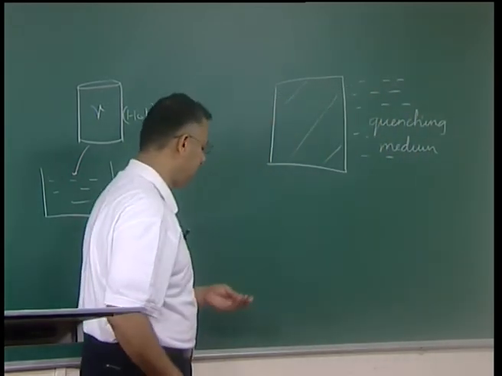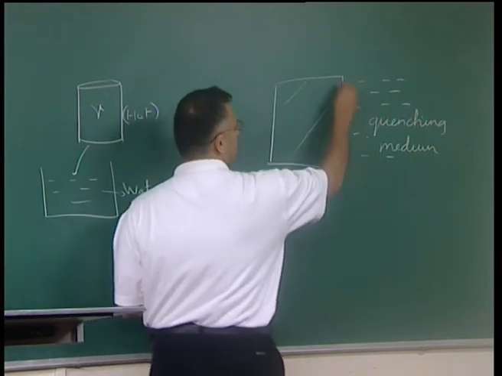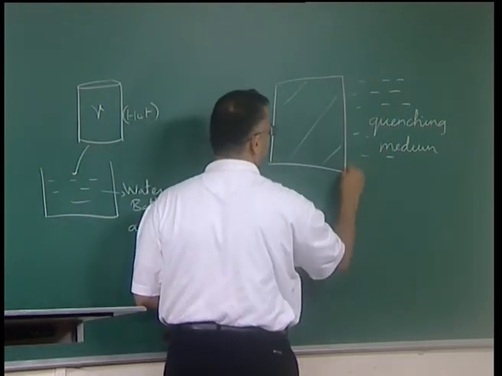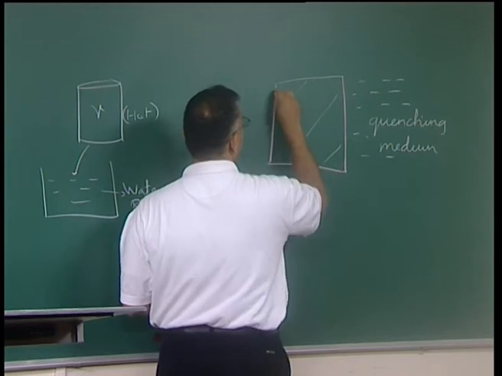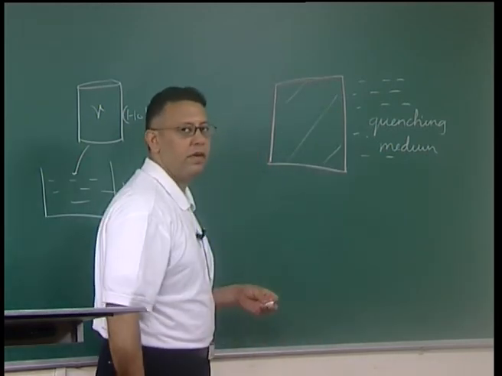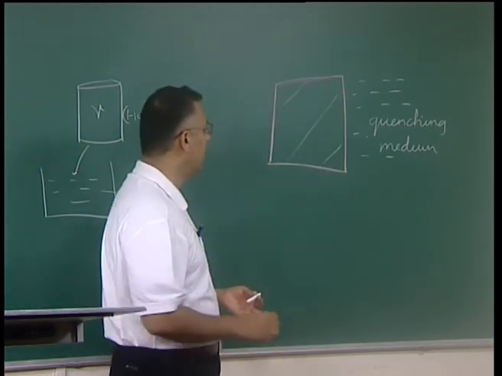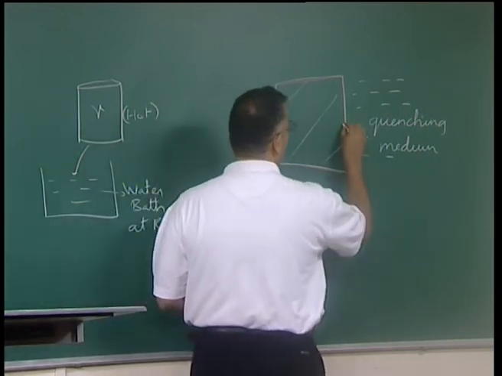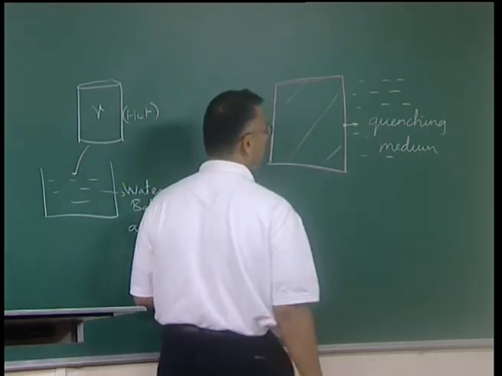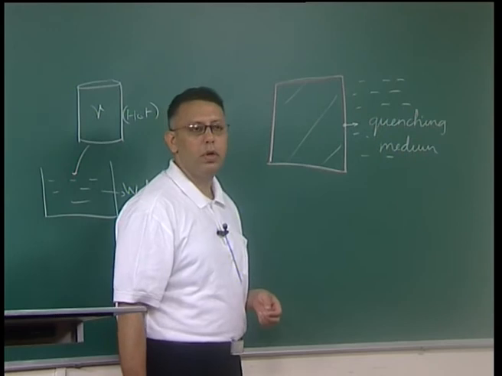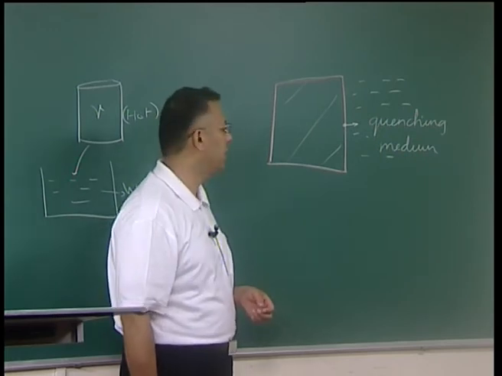Then only the surface feels the quenching medium, which is this part. Of course, if it is in a complete bath, then all the surfaces will feel the effect of the quenching medium. That means, immediately the heat from here will be withdrawn from the surface area, and this will immediately be cooled down to the temperature close to that of the quenching medium.